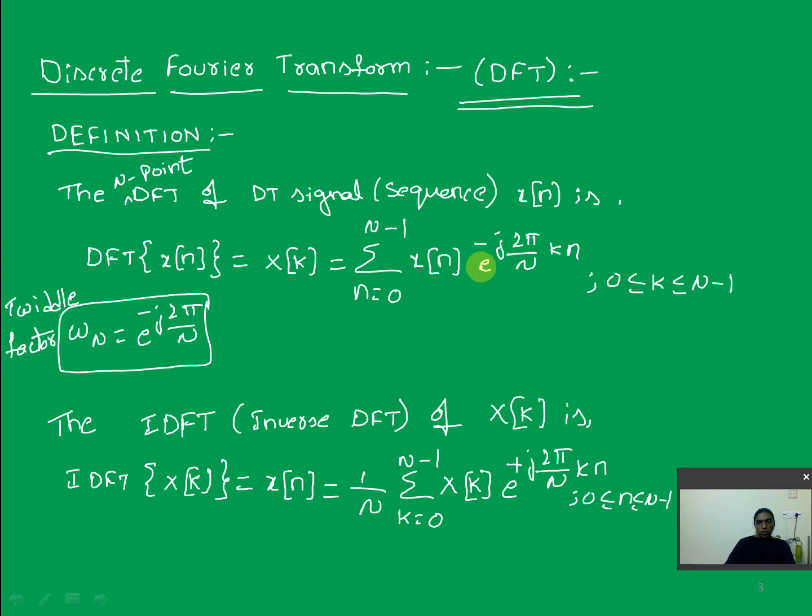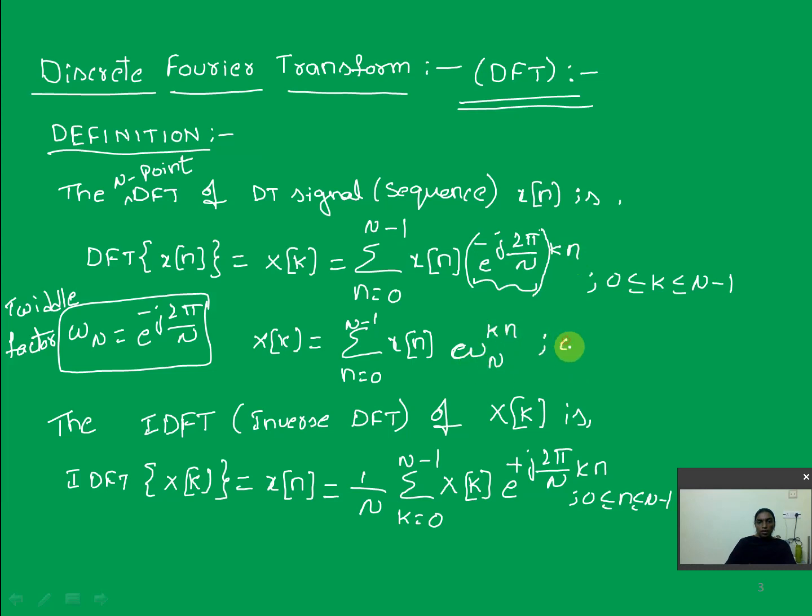That means in place of e power minus j 2 pi by N, we introduce the symbol W N. So X of k, or DFT of x of n, is rewritten as summation n equals 0 to N minus 1 x of n W N power kn, since e power minus j 2 pi by N whole power kn is W N power kn.